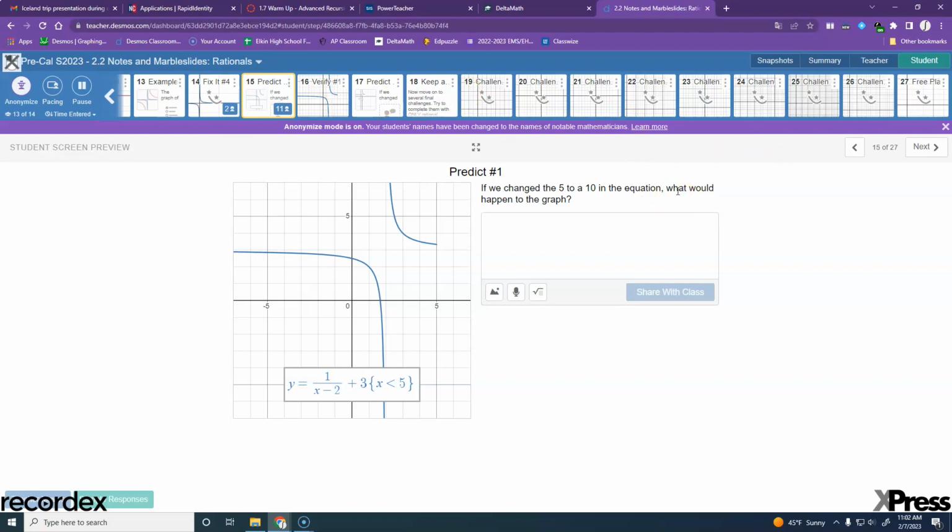All right, so in this equation right here, you are going to type in what you think. If we changed the 5 to a 10 in this equation that you see here, what would happen to the graph?